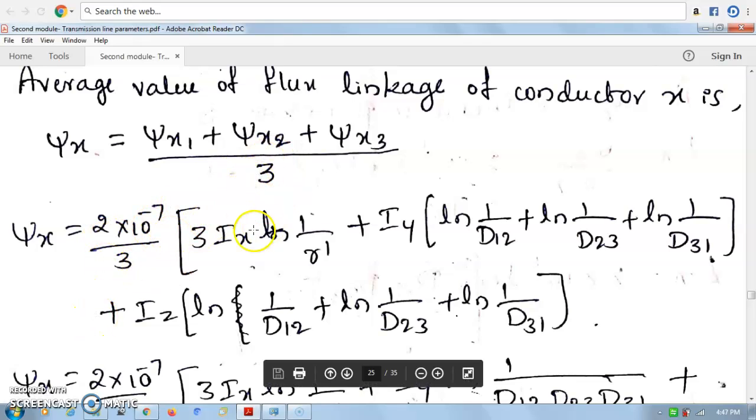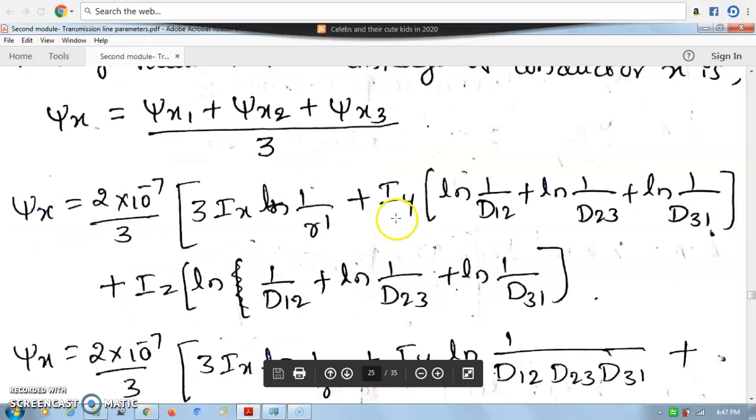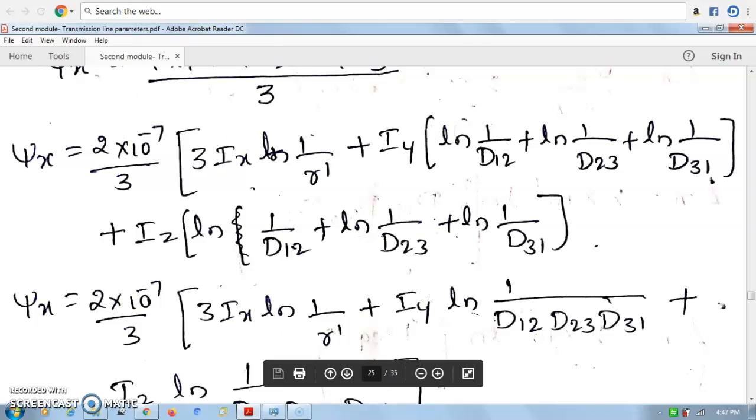Take it common here. So add all the flux of the X conductor, the internal flux itself only, that is all 3, meaning 3 into 3 Ix ln 1 by R dash, plus Iy take it common, Iz take it common here. What remains is inside the bracket, add all three. Here is Iy into this term, Iz into this term.